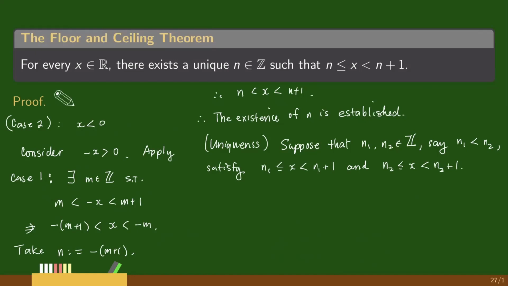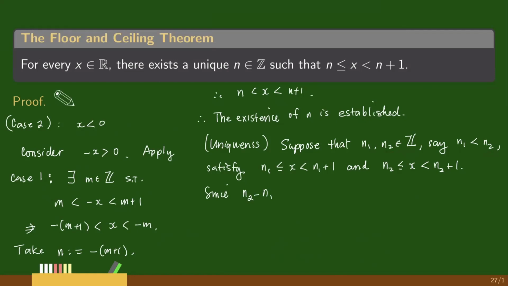Ganito. Tingnan nyo to. Since n1 and n2 are integers and n1 is less than n2, what can you say about n2 minus n1? What can you say about the difference between n2 and n1?